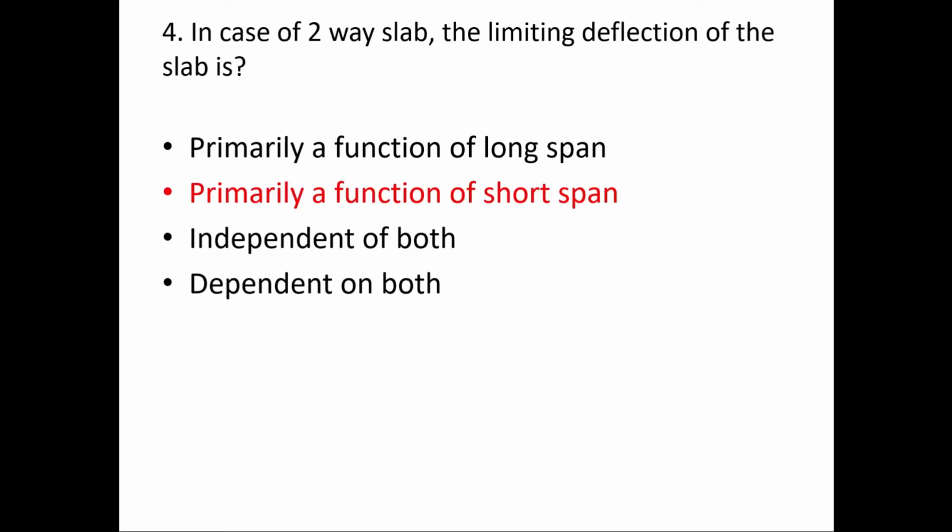In case of a two-way slab, the limiting deflection of the slab is governed by what? A two-way slab may be checked for deflection control against the shorter span to effective depth ratio. We have a table of span to effective depth ratios depending upon the type of slab, either simply supported or continuous. For a simply supported slab, there are two types of reinforcement, mild steel and HYSD, that is Fe415.